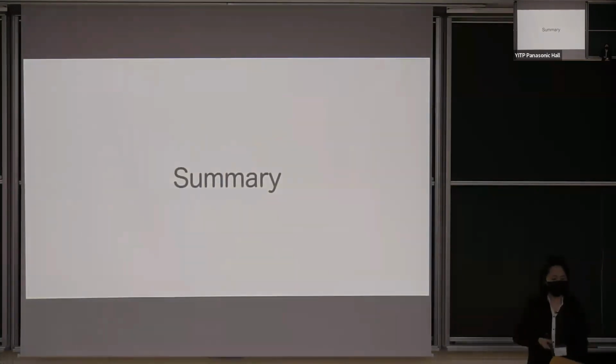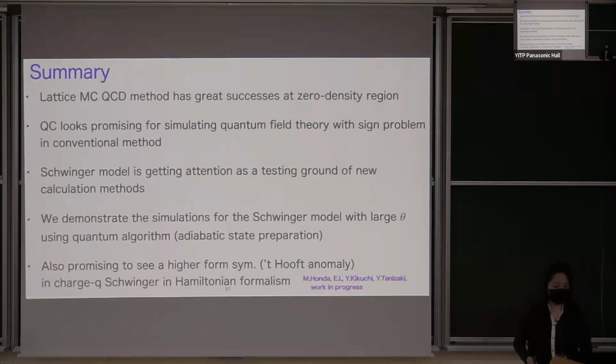Okay, so let me summarize my talk. In this talk, I explained that the lattice Monte Carlo QCD method has great success only in the zero density region. And quantum computation looks very promising for simulating quantum field theory with a sign problem in conventional methods.